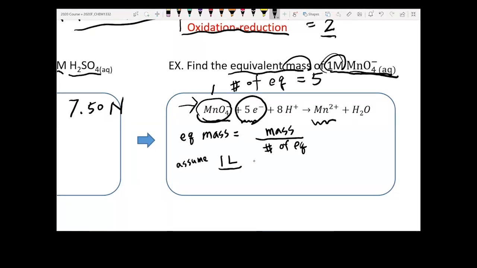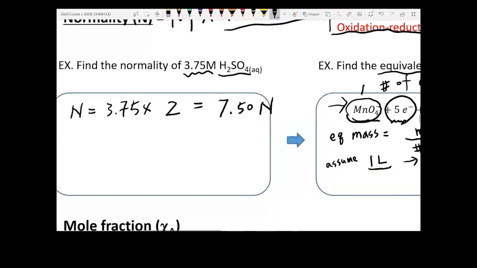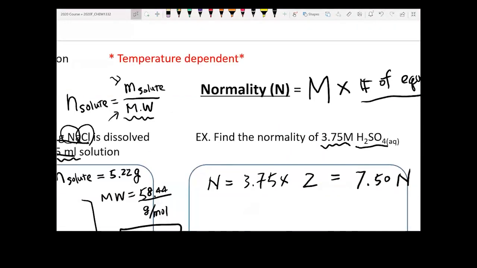That means you're going to have 1 mole of MnO4-. Remember we calculated the number of moles previously: the number of moles is equal to the mass of your solute divided by the molecular weight of your solute.